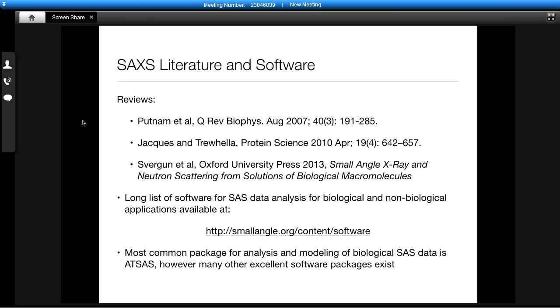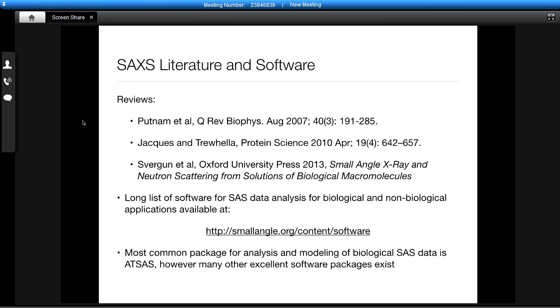First I want to talk about some quick literature and software for you to go to if you have questions, which will give you a lot of information that is both broad and specific depending on where you go. The first one is the review that was posted previously online at the SB Grid website, the Putnam review from 2007. It's an excellent review. It's very broad, about a 90-page review, so it's quite extensive.